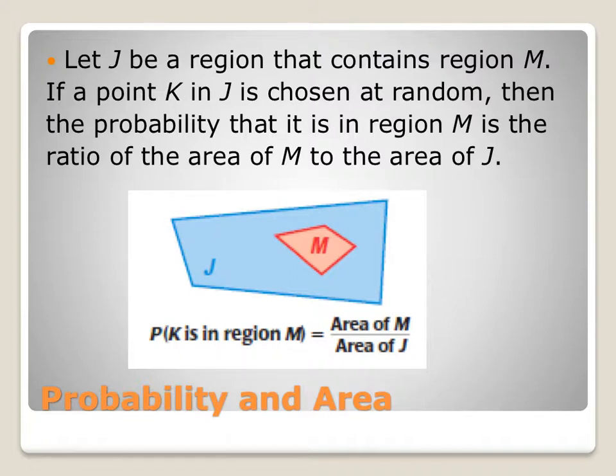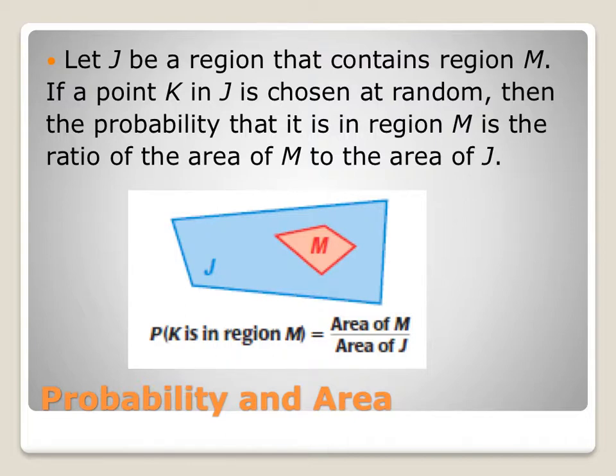Again, I'm aiming for M. I take the area of what I'm aiming for and put it over the area of the whole shape, which in this case is J. The shapes you'll get will be ones you can find the areas of. These are kind of obscure shapes they're giving you, but if it was a square inside a rectangle or a circle inside of a rhombus, you should be able to figure it out. So you put the area of what you're aiming for over the area of the whole shape.